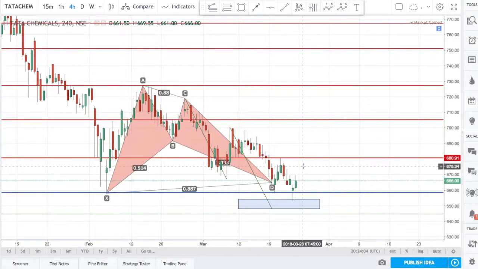The second one, Fibonacci confluence. Let's see if we can find any confluence around this zone.